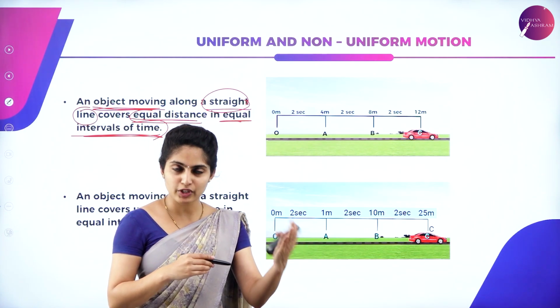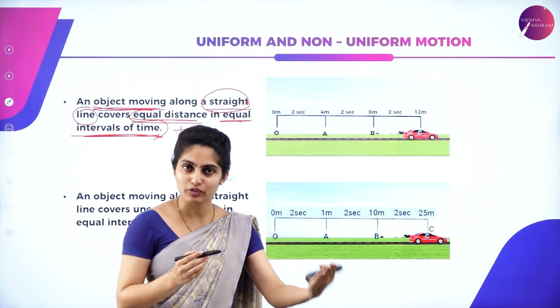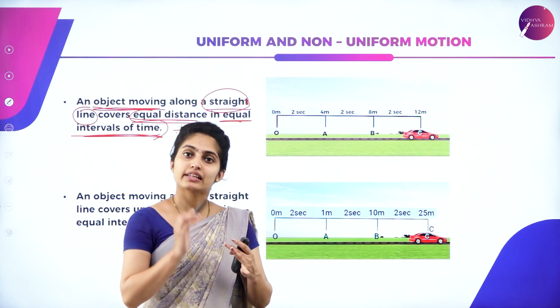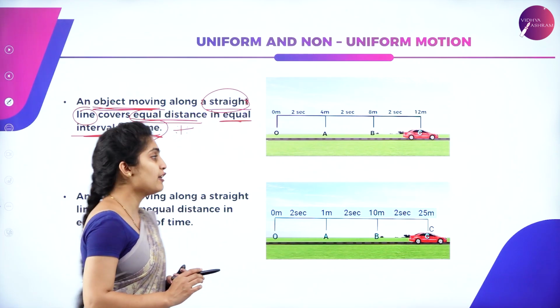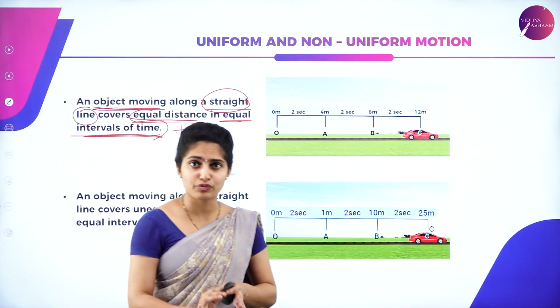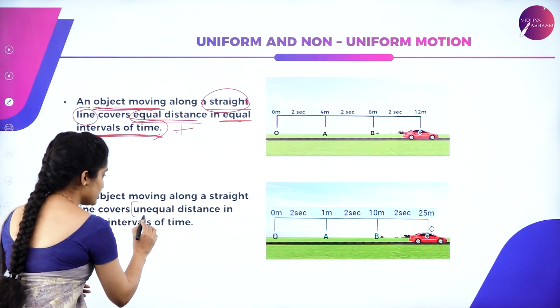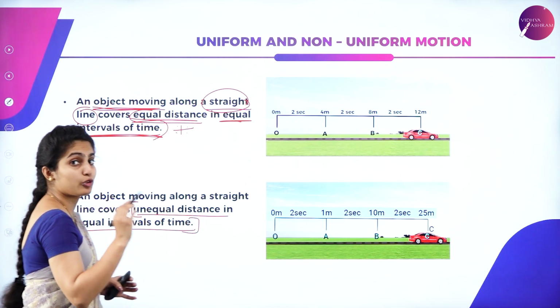There is motion because the particle, or an object, is said to be moving, because of which you can say it covers equal distance in equal interval of time. Similarly, you have non-uniform motion. Non-uniform motion means there is no uniformity. There also there is a certain point, that is, it covers unequal distance in equal interval of time. Time cannot be unequal.